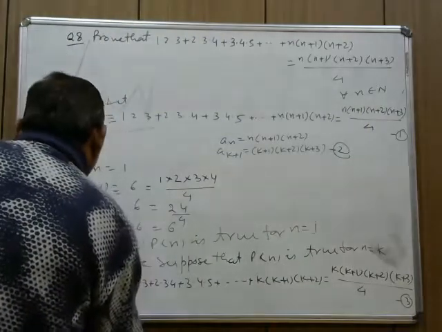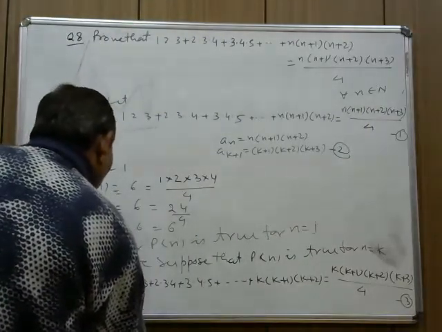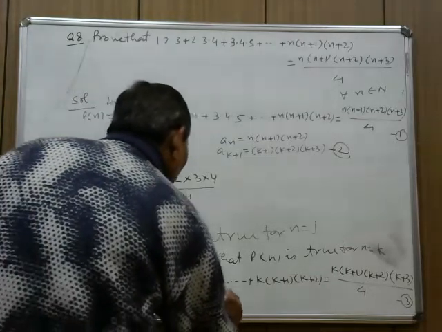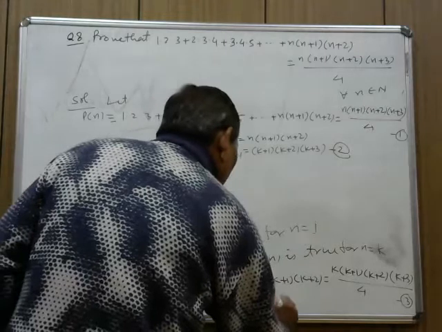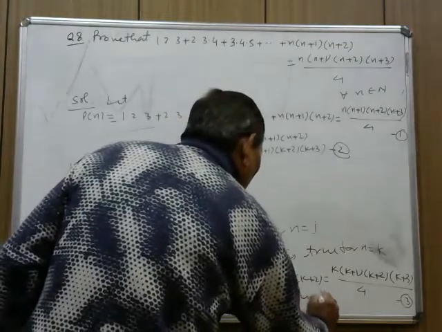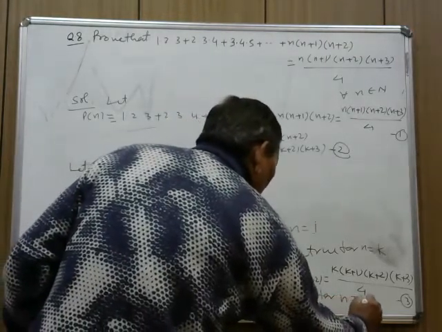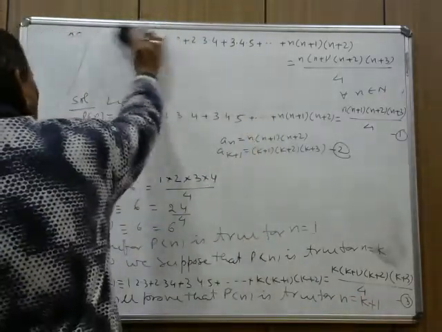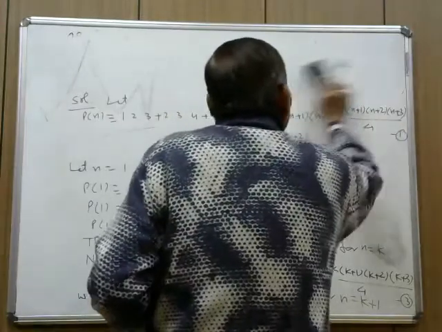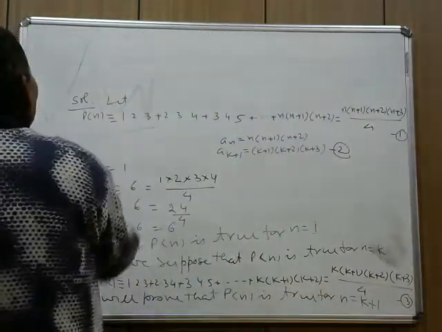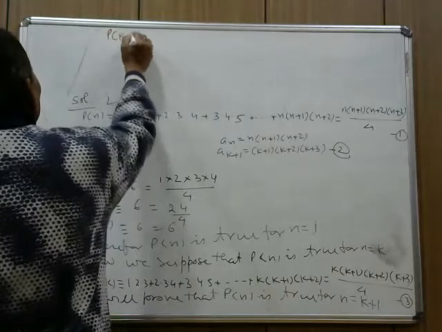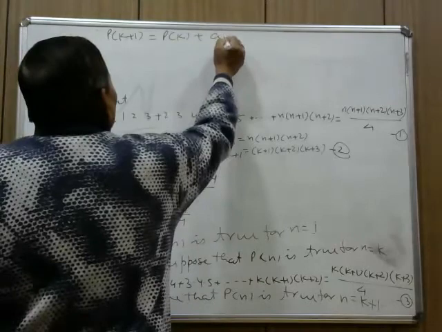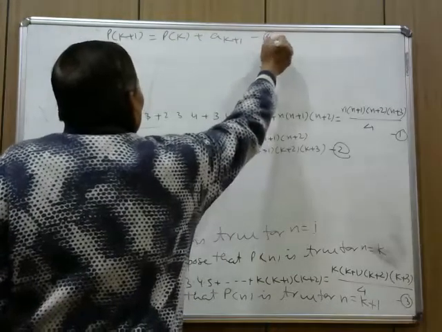We will prove that P of n is true for n equals to k plus 1. So we can write again Pk plus 1 is equal to P of k plus ak plus 1. This is 4.